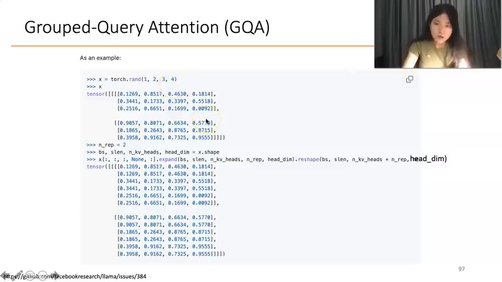After you do your grouped query attention, you need to put it back. You simply do it by repeating along the third dimension. So you multiply by the number of repetitions, like here we multiply by 2. And we simply will have the repeated vectors in the third dimension.